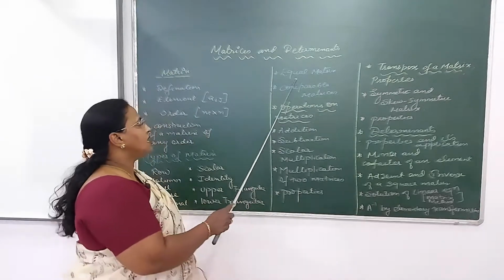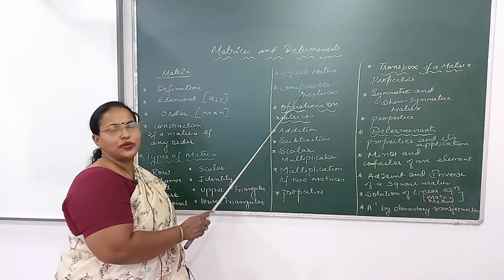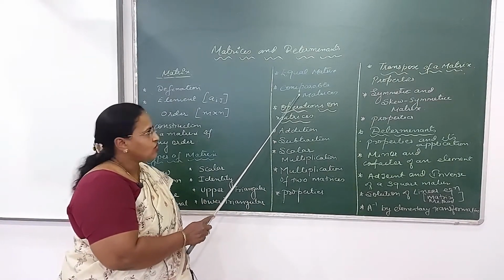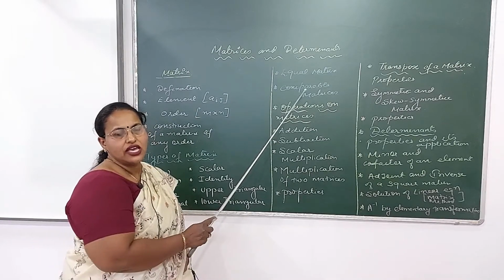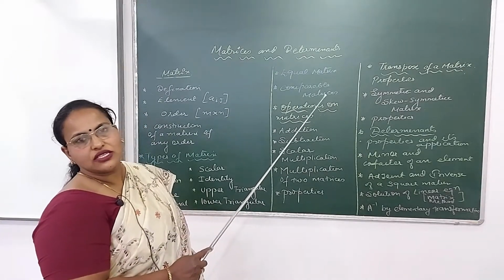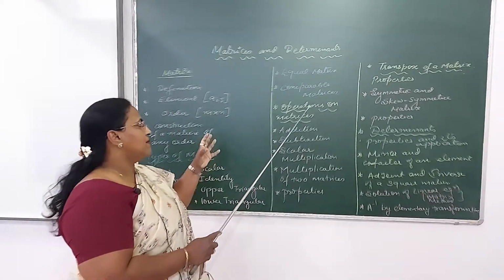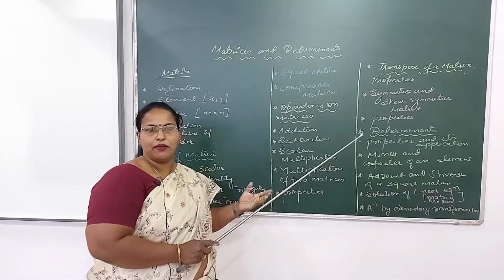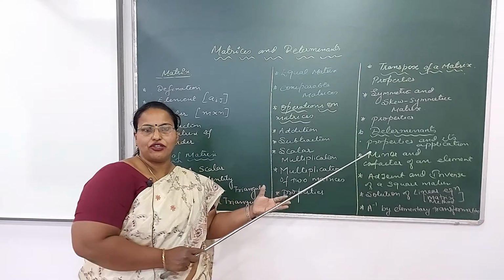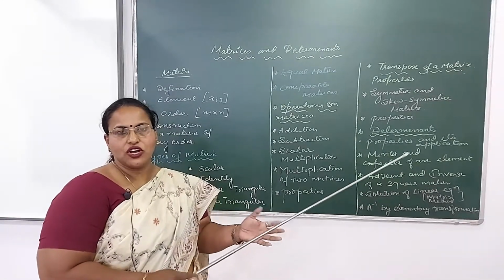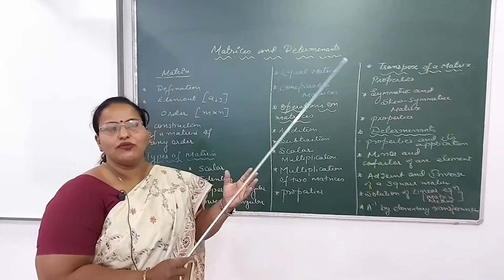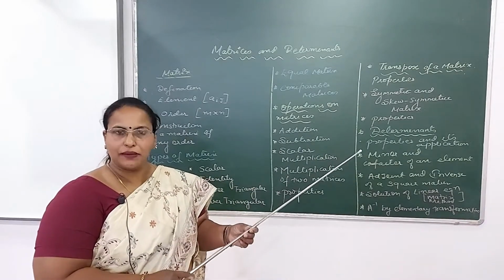See, if orders are the same, then the matrices are said to be comparable. So here comes comparable matrices. What do you mean by comparable matrices? If the orders of the two matrices are the same, then we say that the matrices are comparable. For example, if A is a matrix of order 3 by 4, B is another matrix of 3 by 4. Since the orders are the same, the two matrices are said to be comparable.